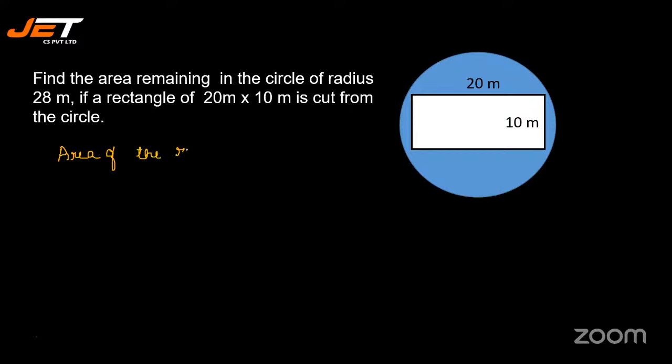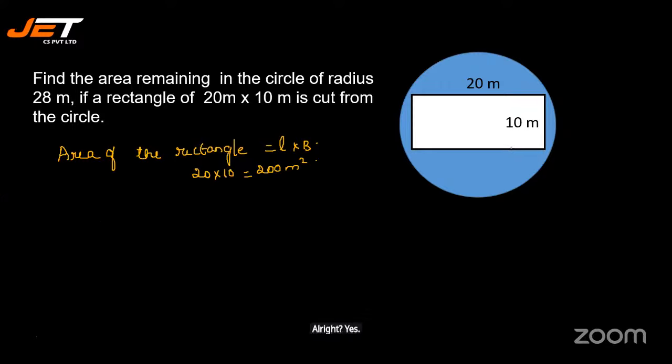Area of the rectangle is length into breadth, that is 20 into 10, 200 meter square.